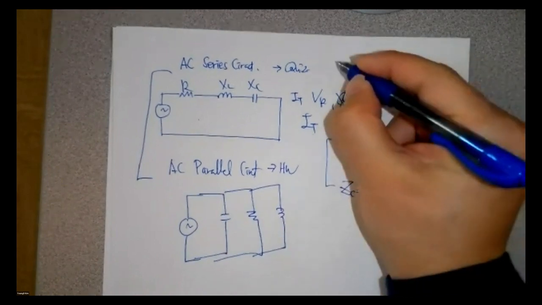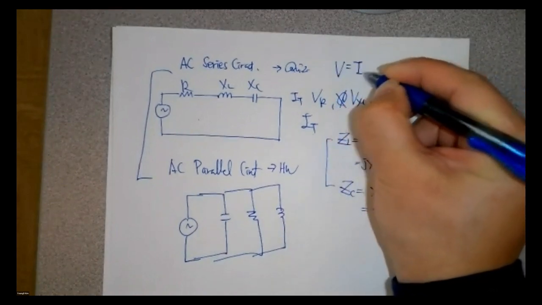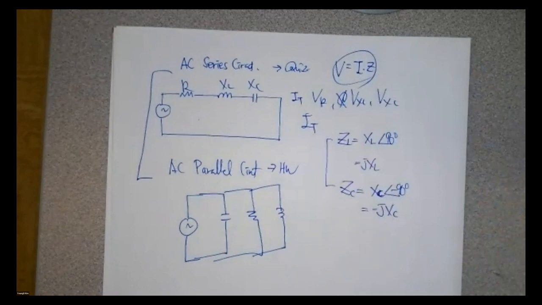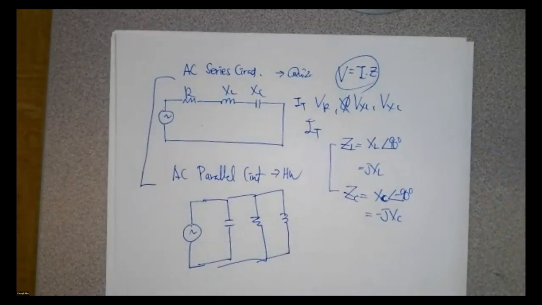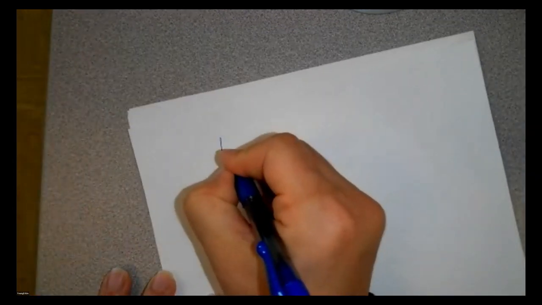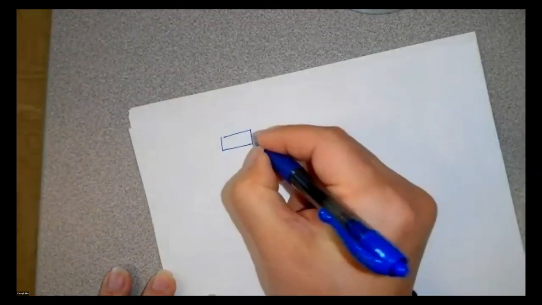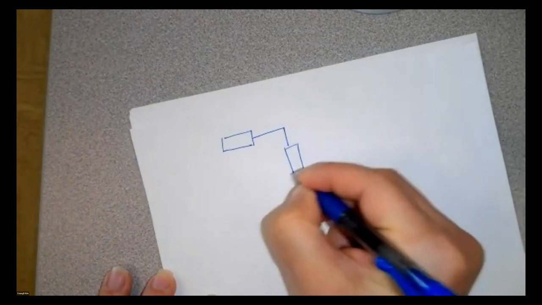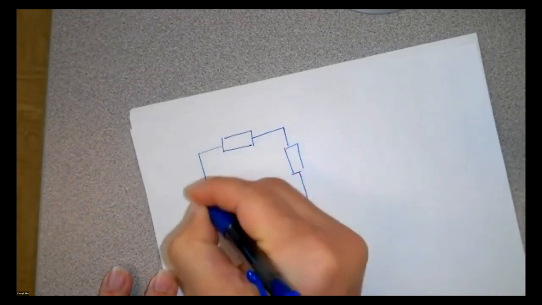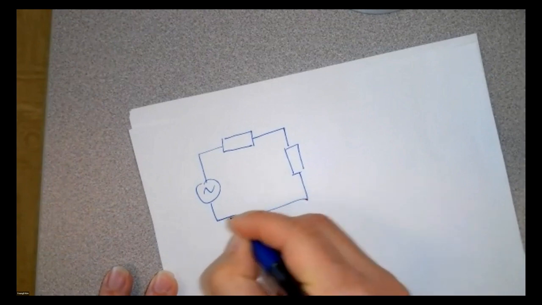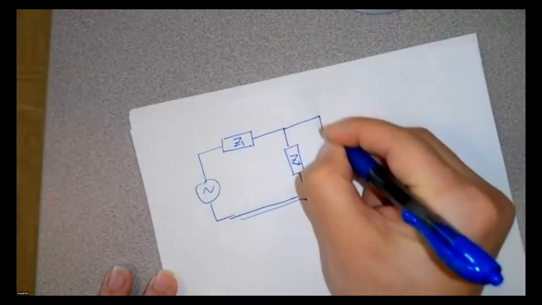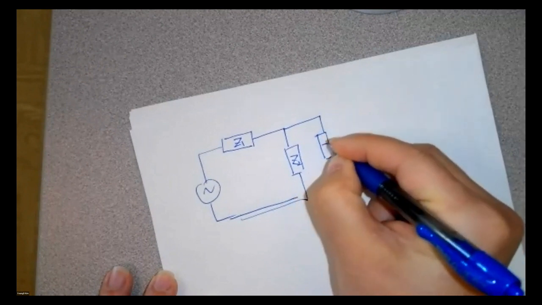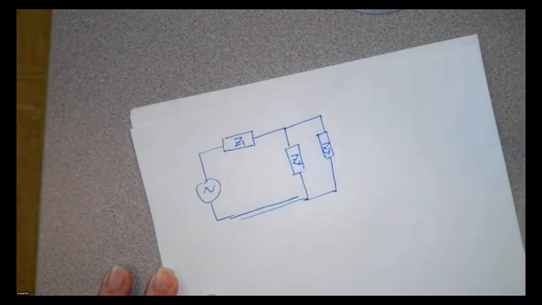Yeah, and then V is I sub Z. Okay, so for example, today we have the pedal like this one. Okay, G sub 1, G sub 2, G sub 3.